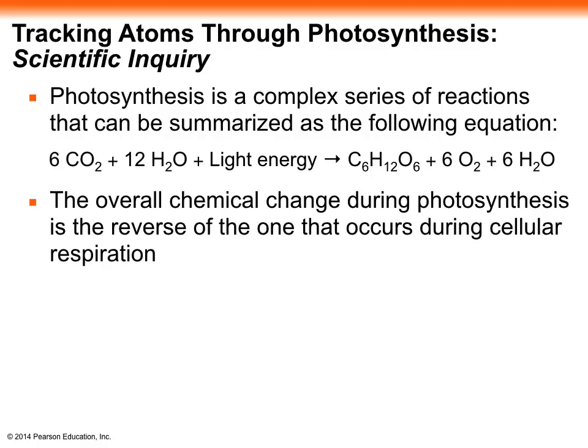If you just move that arrow the other way, so it's pointing to the left, you really have cellular respiration, where you start with oxygen and you start with glucose, you consume it, and you get out ATP, which replaces light energy. You get out ATP and water and carbon dioxide.